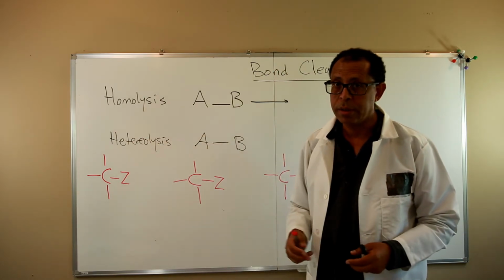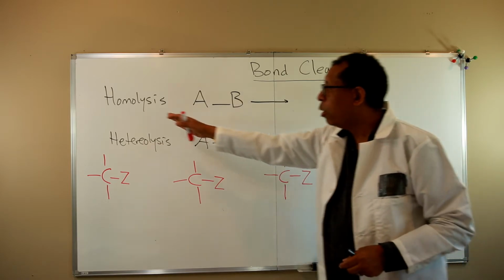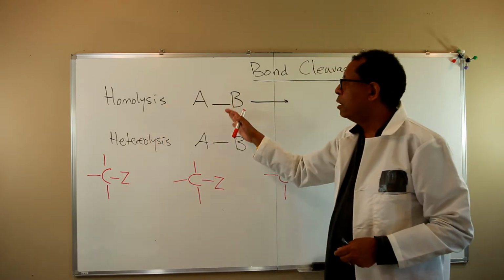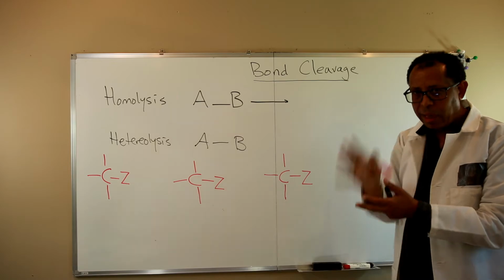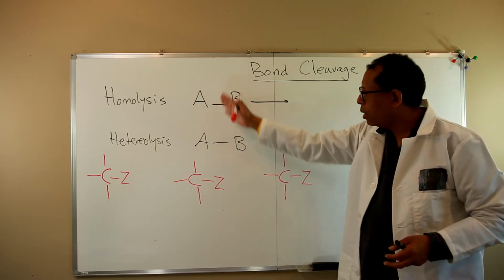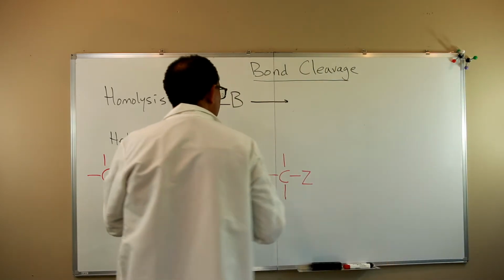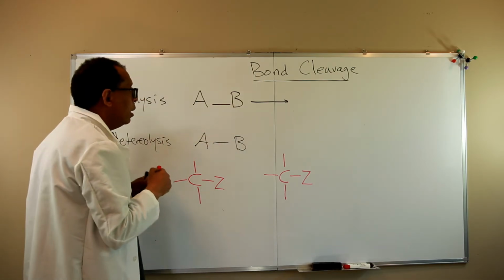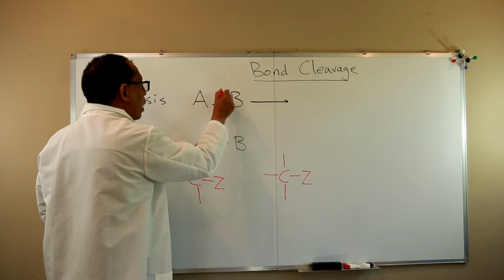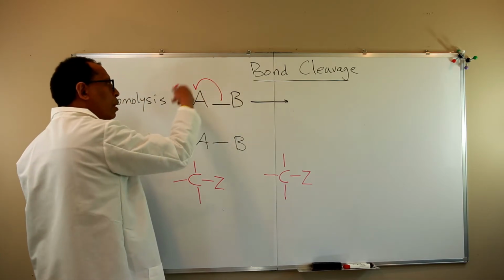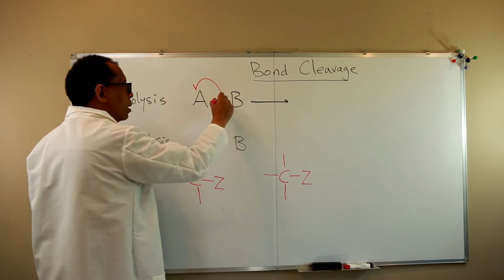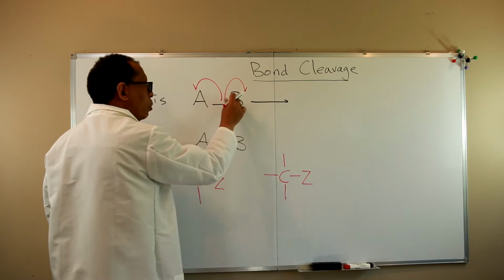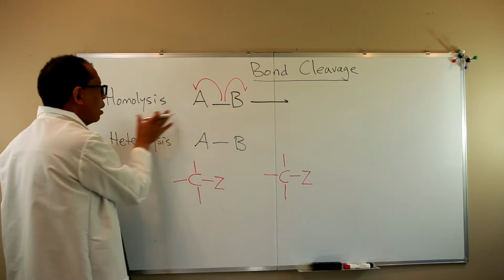In a homolysis, the bond breaks halfway, meaning the shared electrons of the covalent bond are split, one electron to A and one electron to B. This is homolysis.